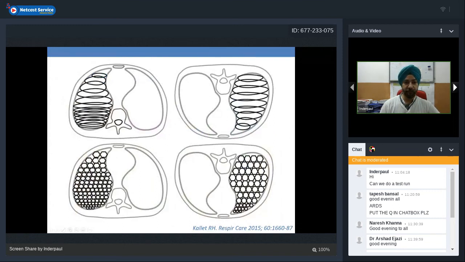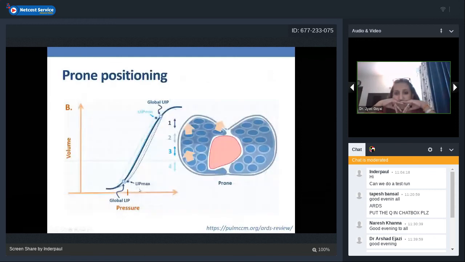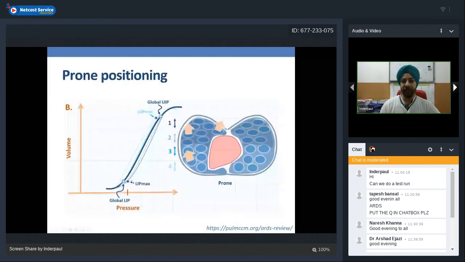In a supine patient, you see the number of alveoli which are collapsed, and in a prone patient, you see the number of alveoli that have opened up, and there is a more homogeneous distribution of ventilation. And if you apply the PEEP, it gets equally distributed. So there is a homogeneous distribution of the extrinsic PEEP also if you prone your patient.